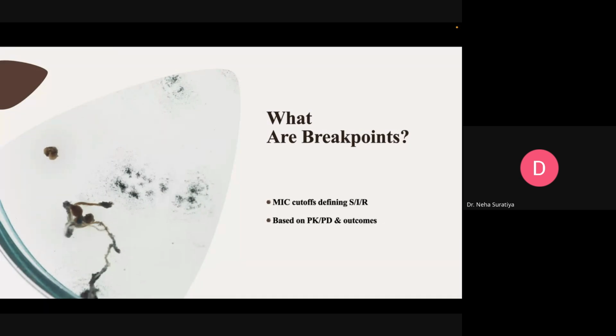Above this MIC, the drug will likely fail. So S, I, and R: susceptible means the drug is expected to work at the standard dose. Intermediate means the drug may work at higher doses or at specific sites. And R is unlikely to work even at high doses. So you can avoid it, right?